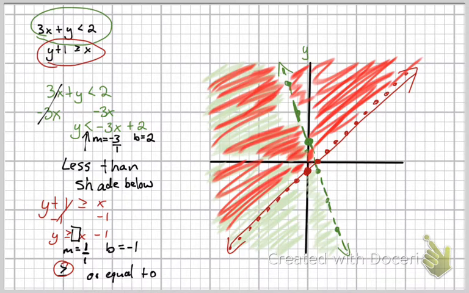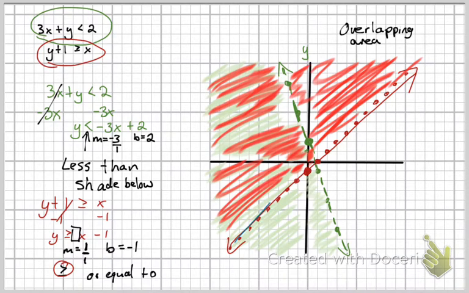Now our solutions. Any point from the overlapping area would be considered a solution. So we're going to be looking at our overlapping area, which I'm just going to go ahead and outline in blue.